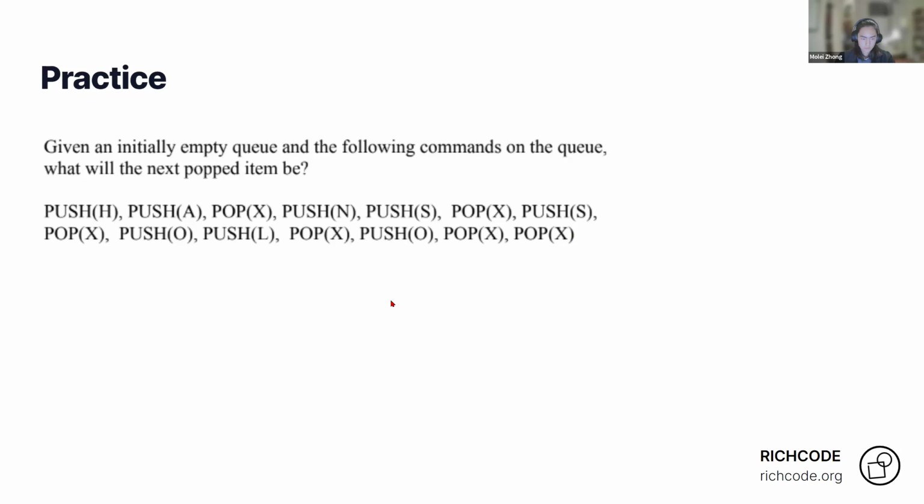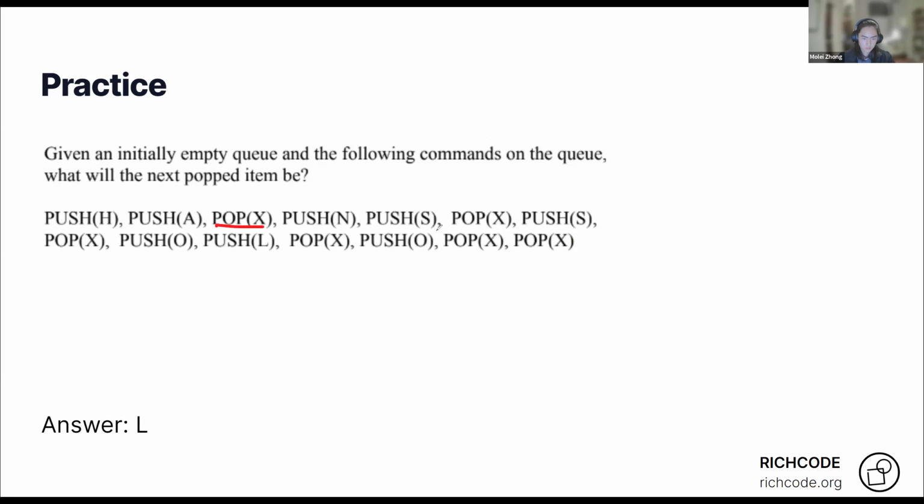Okay, so let's look at the answer. And it is L. And I think everyone got that correctly. So Q, we'll just count the pops. As usual, pop 1, 2, 3, 4, 5, 6. So 6 pops.